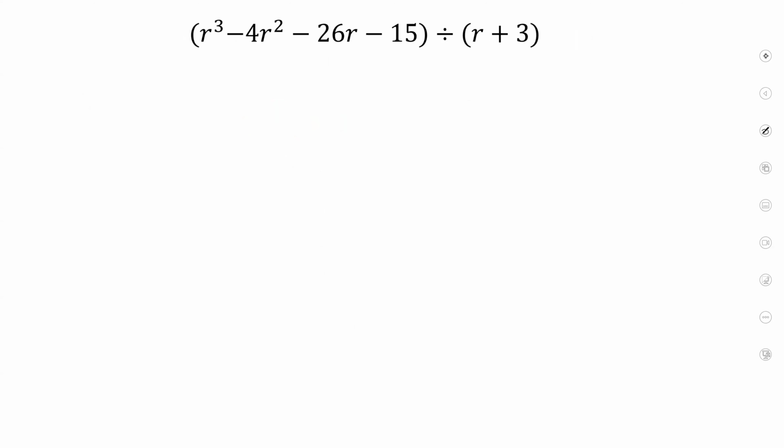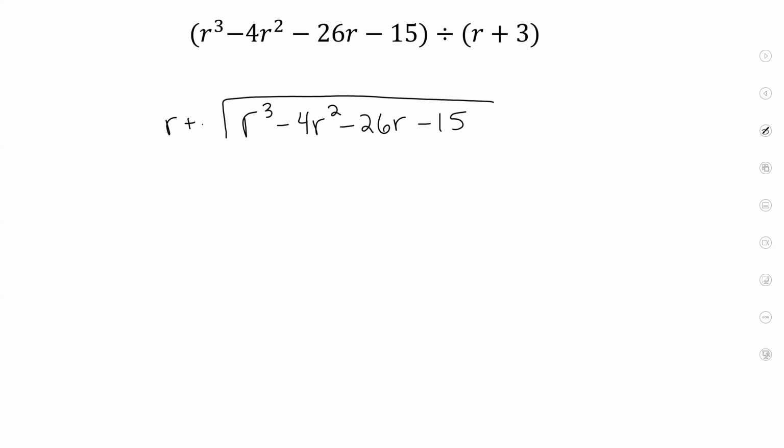So this is the first example. I'm going to set it up the same way. R cubed minus 4r squared minus 26r minus 15 divided by r plus 3. We're going to ask the same type of question.